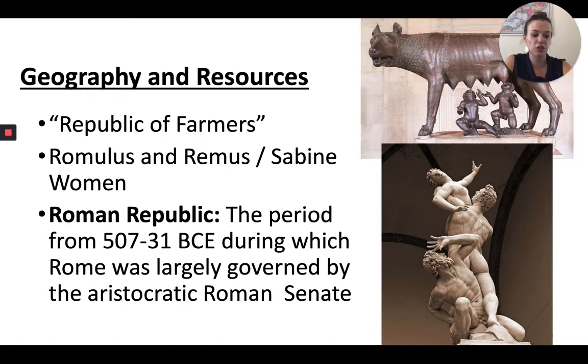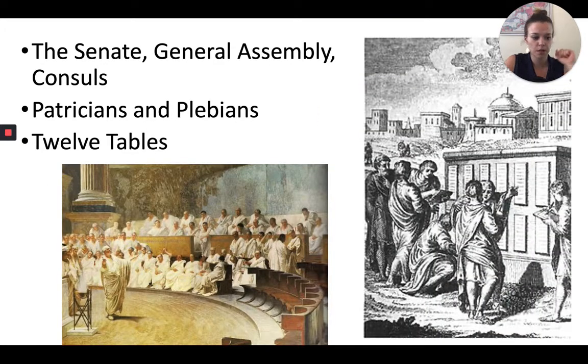So let's talk about the Republic itself. You had the Senate. The Senate is going to be made up of members of the aristocracy. They are going to hold all executive offices in Rome. So that means it's the rich people, it's these senators who are making the laws, who are executing the laws, who are really doing the governing.